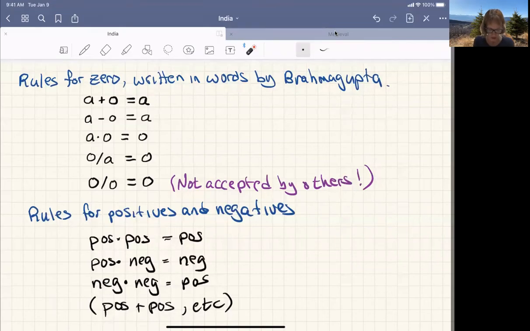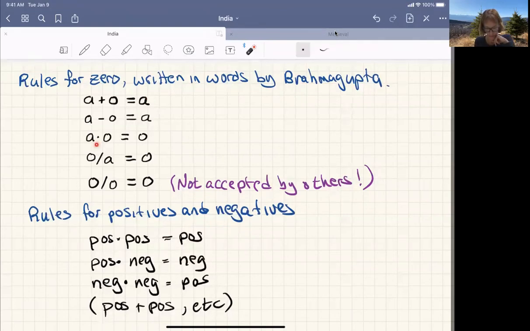And so we have these rules, but they're written not in equations like we write them here, but in words. So for example, he knew that if you added or subtracted 0 from any number, you get back the number that you started with.